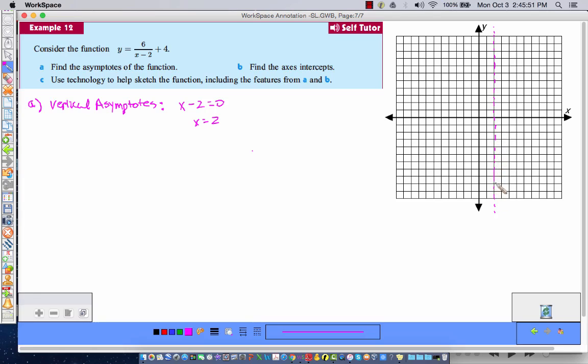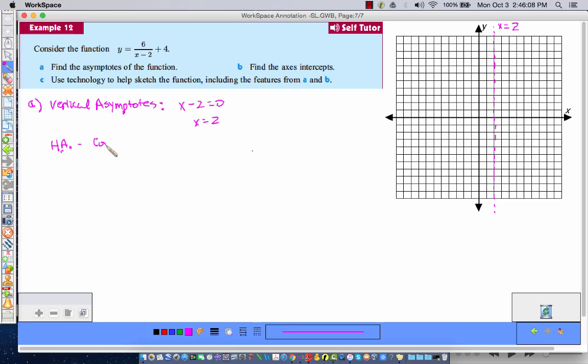I know it says sketch using technology, but we're going to give it a try just doing it by hand and see how we do. Horizontal asymptotes, and we talked about this in class. I'm going to abbreviate that with HA if you don't mind.